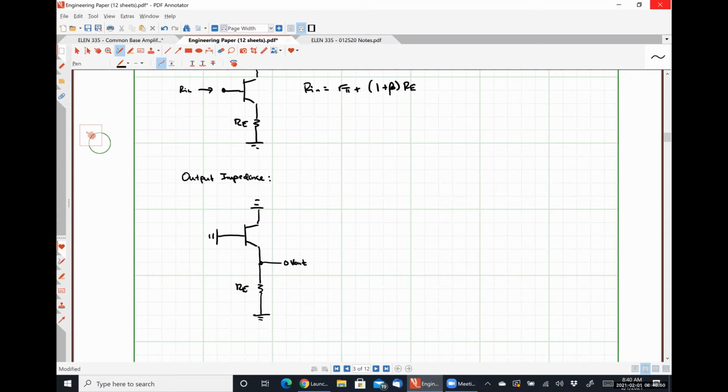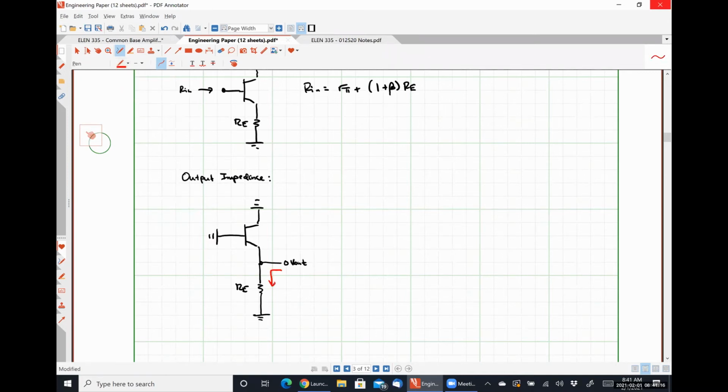So let's do just that. Because we should see it's going to wind up looking like RE in parallel with something else, right? And so let me explain what I mean by that.